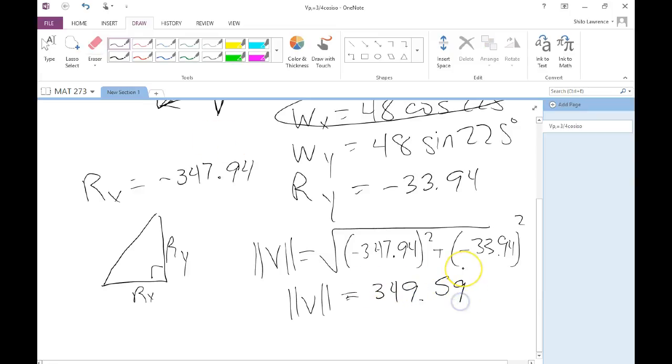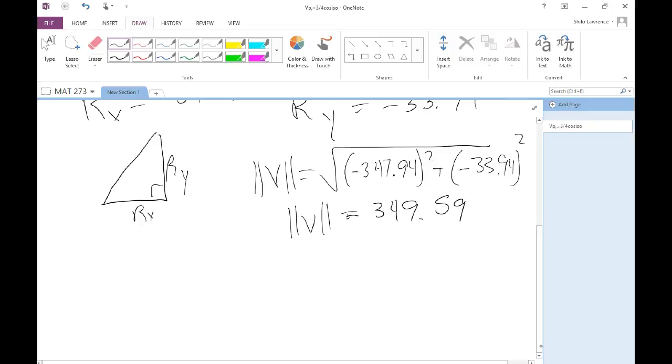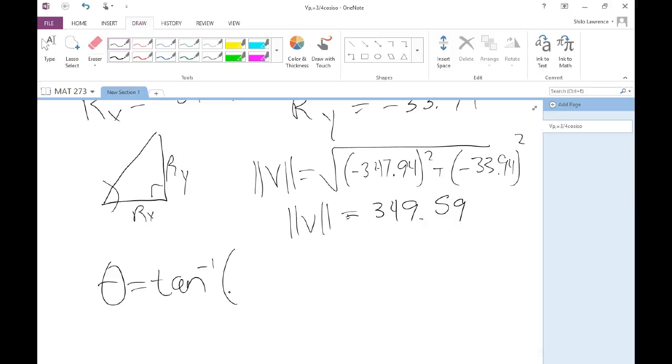349.59. And then our angle, which goes on top, the y or the x. The angle is tan inverse, because we've got legs. We do the y on the top, the x on the bottom.